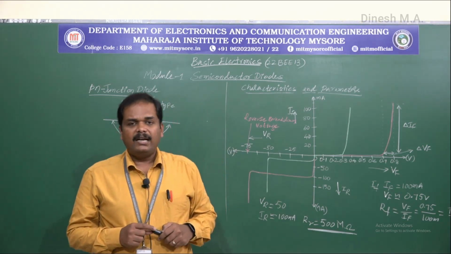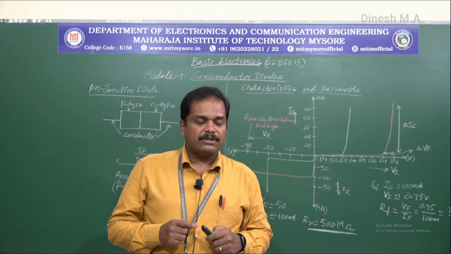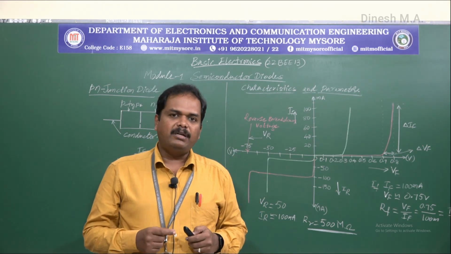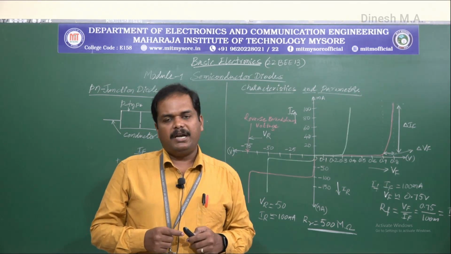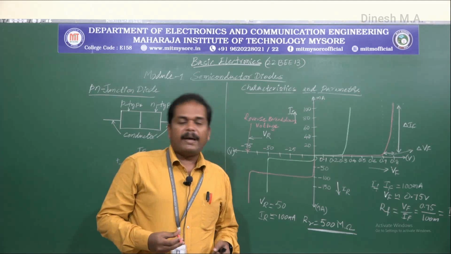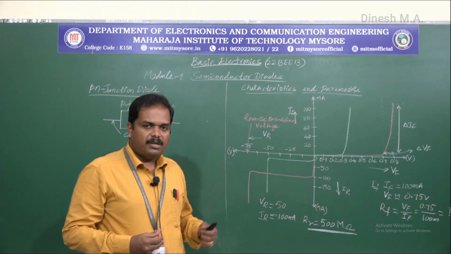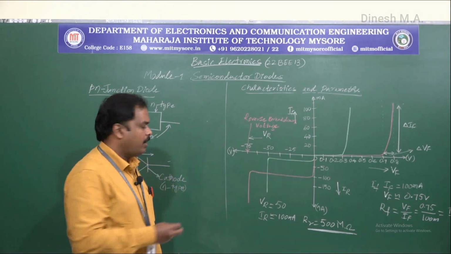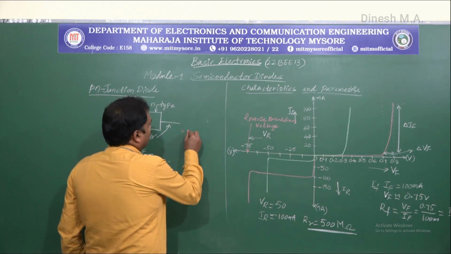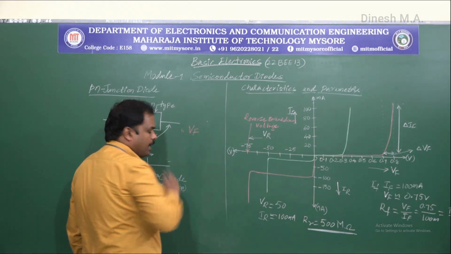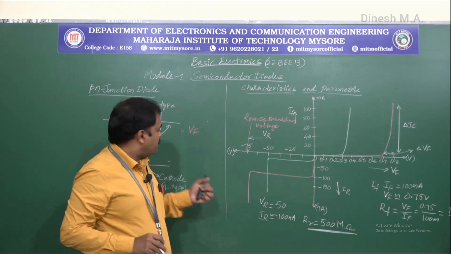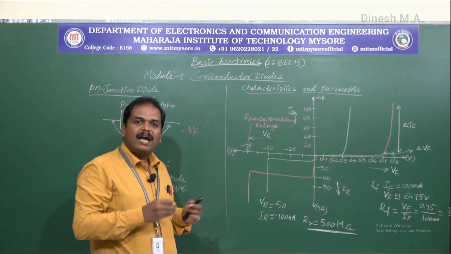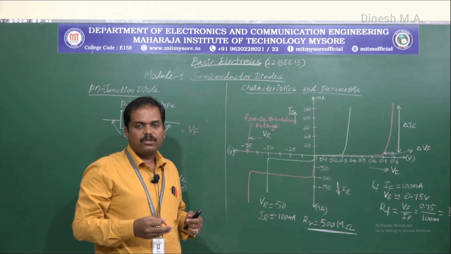Now we'll understand the parameters of diodes, various parameters of any PN diode. The different diode parameters associated with any diode are: first one, the forward voltage VF. This is the voltage where the current starts increasing.